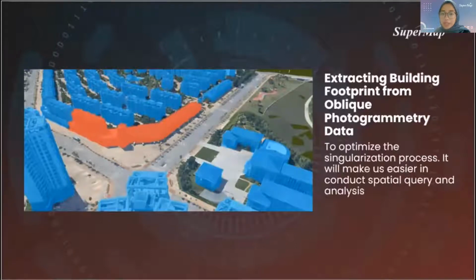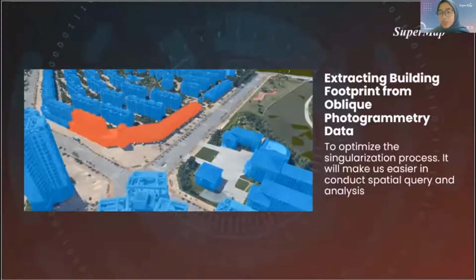The deep learning model is used to automatically extract the building footprint from the oblique photography data to optimize the singularization process. And to do so, we need two data, the 3D surface and the orthophoto.